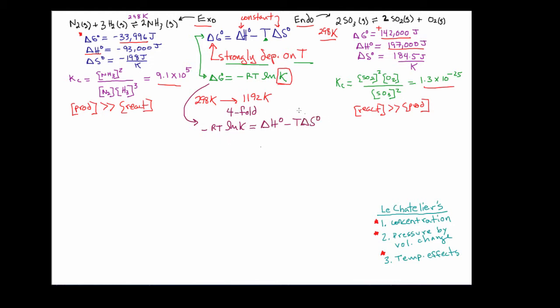All right, and we can stipulate that this is going to be at temperature 1. We're going to have another expression for the temperature at T2. All right, and we can show that this way.